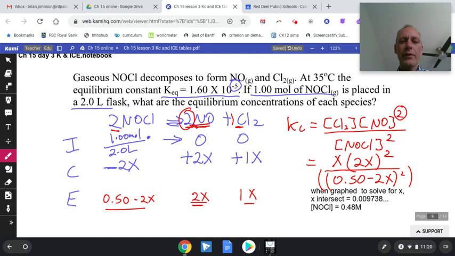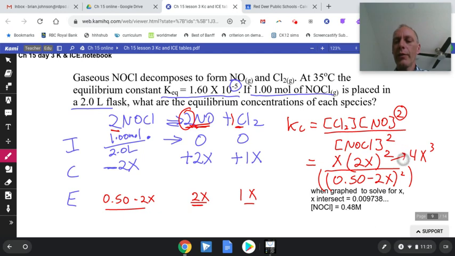Now, some students, here's the other error that they make. They forget the squareds, and some students take a shortcut here and they go, oh, x times 2x squared is 2x cubed. Wrong. 2x squared is the same as 2x times 2x, which is 4x squared, times x is 4x cubed on the top.